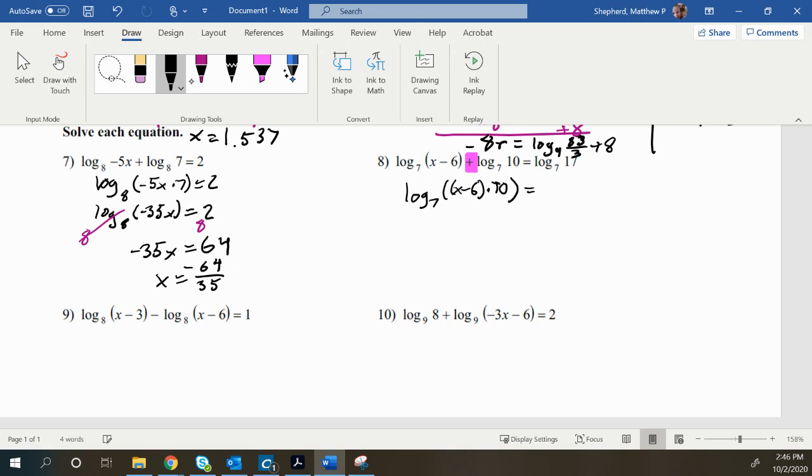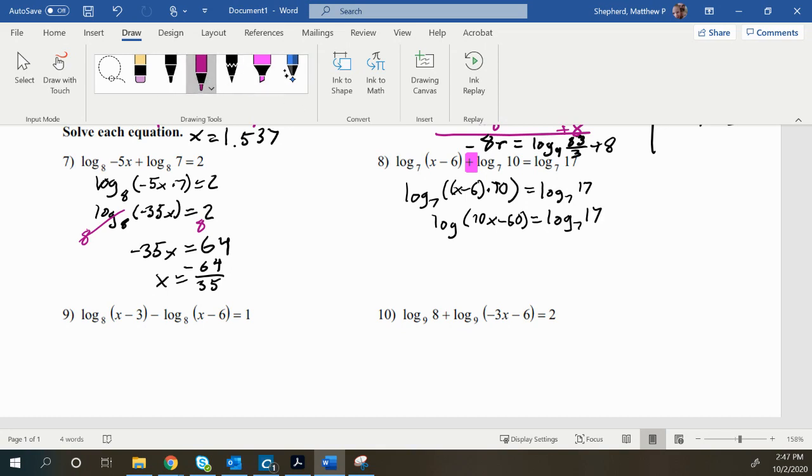And that should equal a log base 7 of 17. Okay, so we can do this. Now it'll be log of 10x minus 60 is equal to a log base 7 of 17.